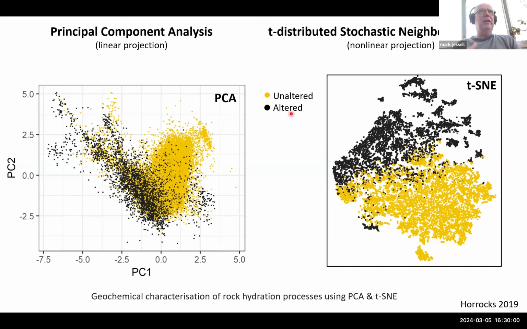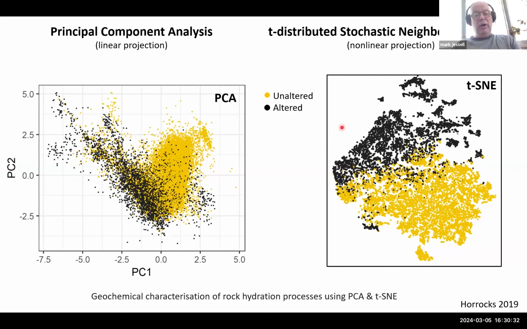By altered, it means that it's interacted with a hydrothermal fluid, so a hot fluid. We can see that it's separated out the orange from the black somewhat, but there's a lot of overlap where there's both orange and black in the same space. There's another method called t-SNE, t-distributed stochastic neighbor embedding, which in his example does a much better job of separating out the unaltered from the altered rocks.